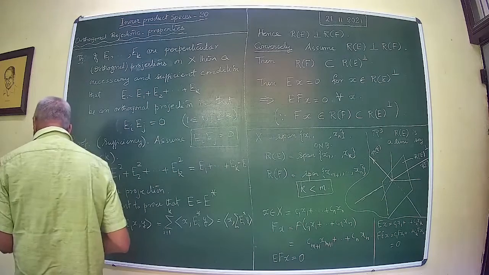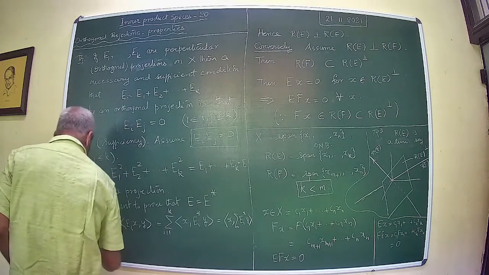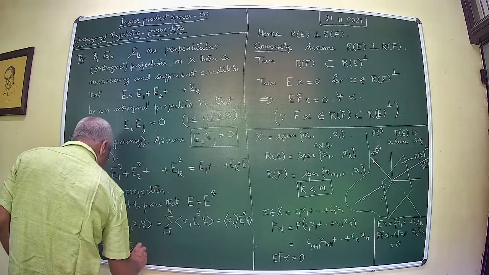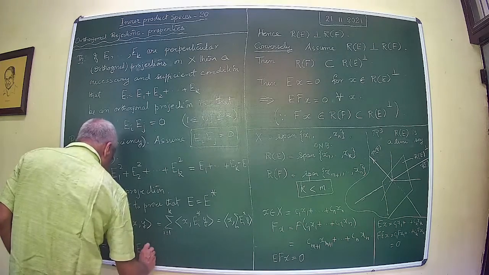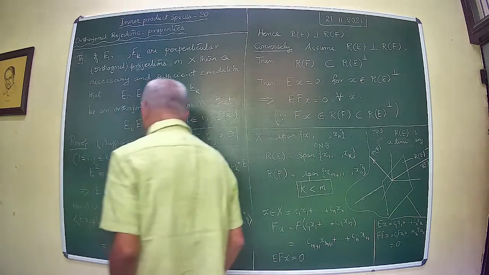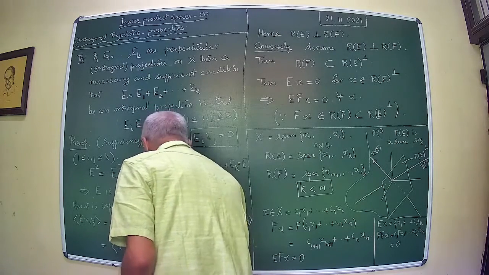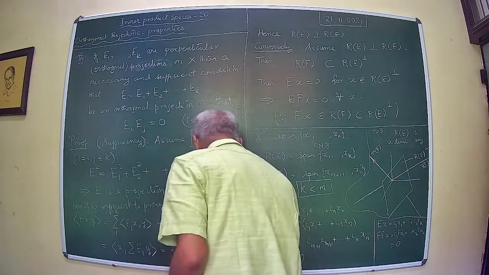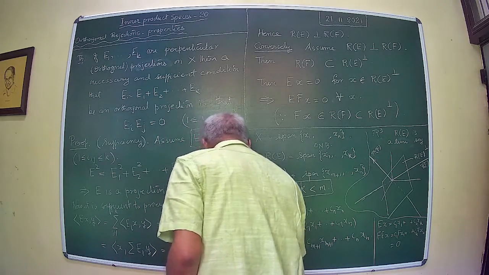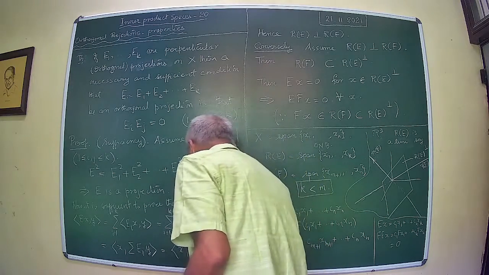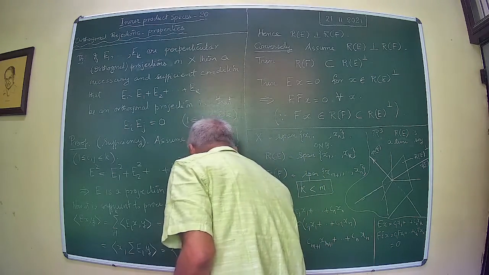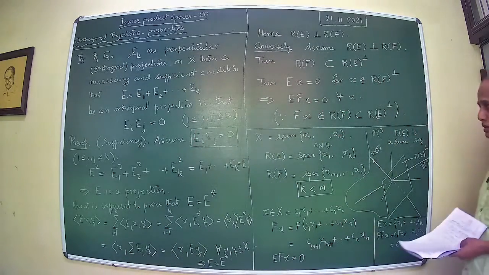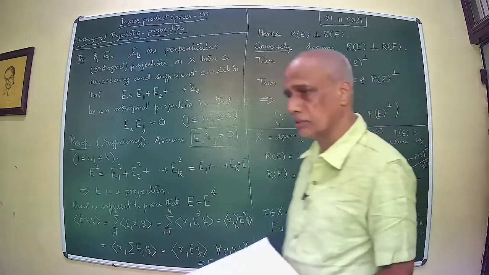Since Ei star equal to Ei, that's equal to inner product of x with Ey, and this is true for every x, y belonging to X. What does this mean? Therefore, it is not only a projection, but it's also an orthogonal projection.